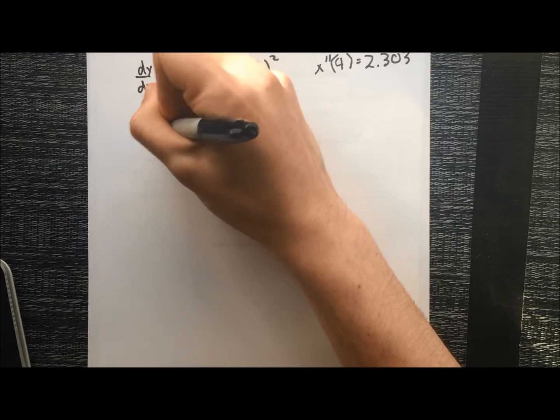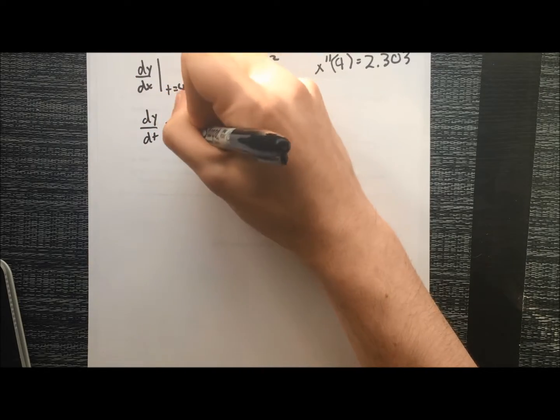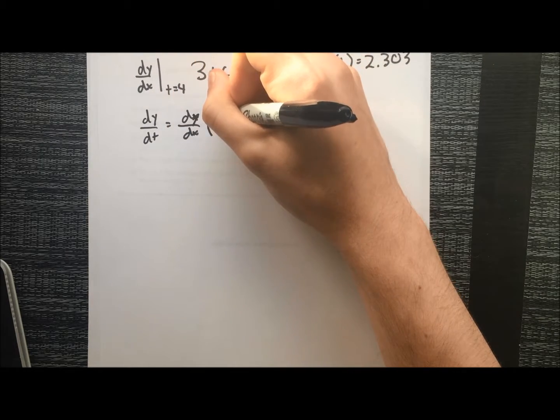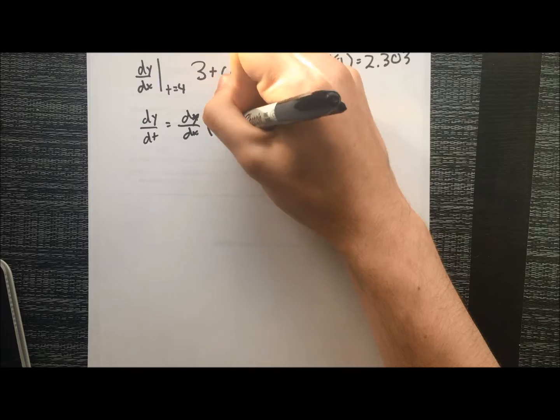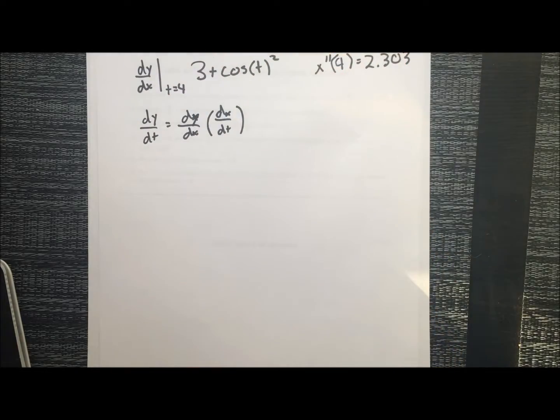Alright, now we're on to y double prime. Finding y double prime of 4 is a bit trickier than finding x double prime of 4. We know that y prime of t is equal to dy over dt. Therefore, it also makes sense for dy over dt to equal dy over dx times dx over dt, because in all these two cancel.